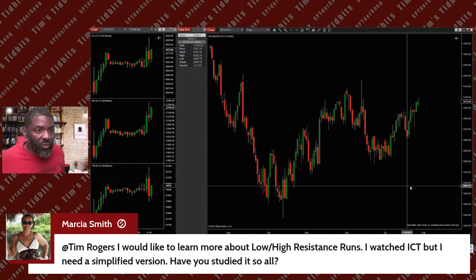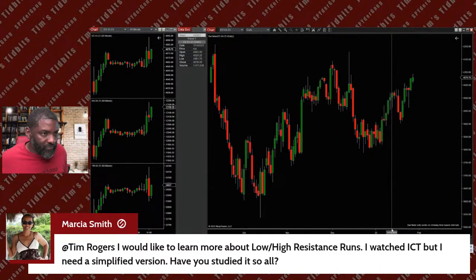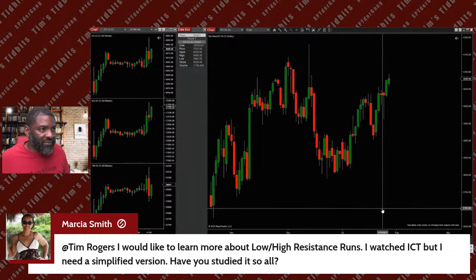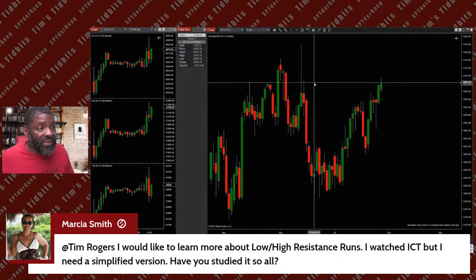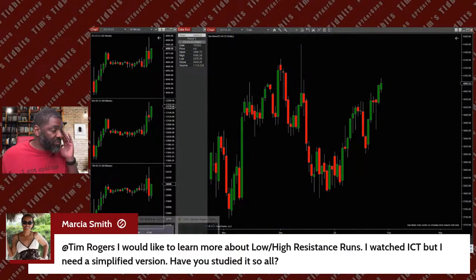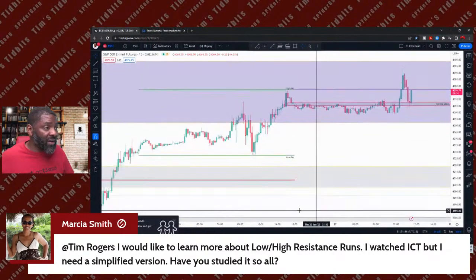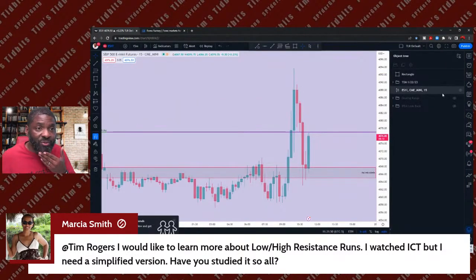So let's just use what we're looking at right here. Based off what we was talking about last night, I'm gonna do it on TradingView because it's easier for me to put lines on and move them around, and I can hit undo if I mess something up.